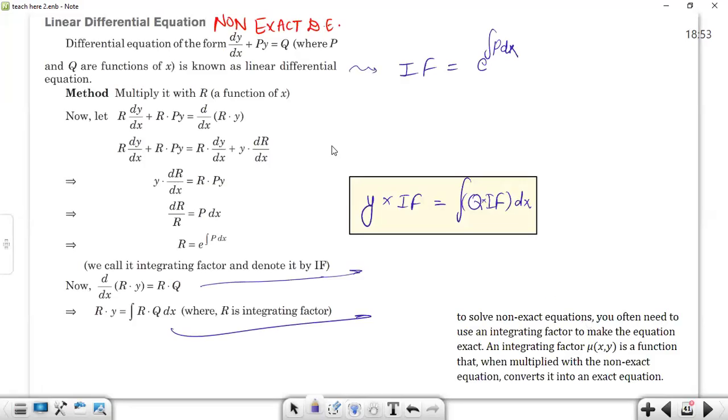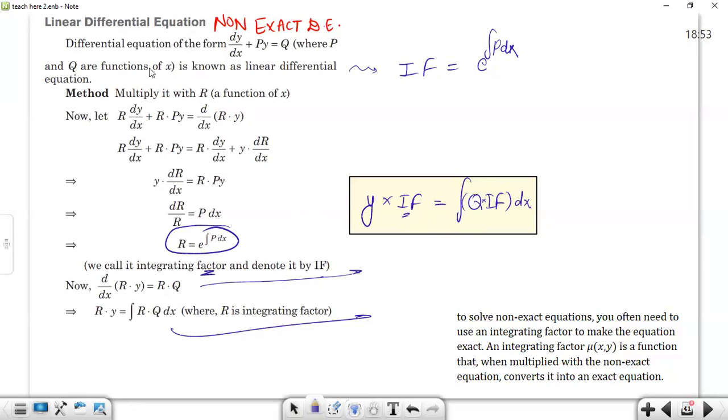Going ahead, let's discuss linear differential equations. These are non-exact differential equations. Now, in this equation, we know there's a requirement of some integrating factor, which we generally write as IF only.